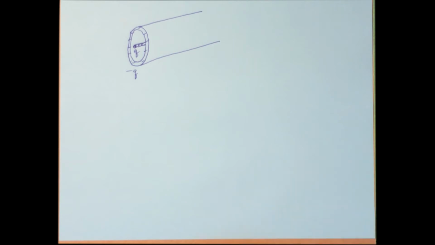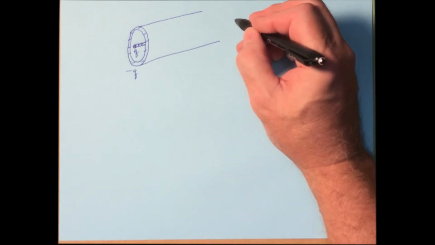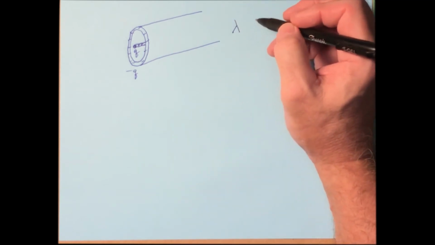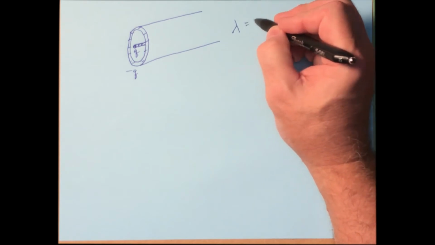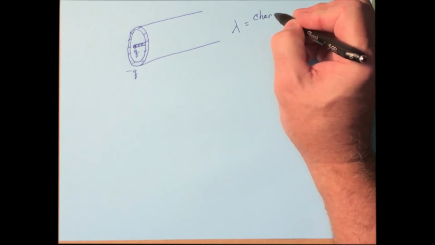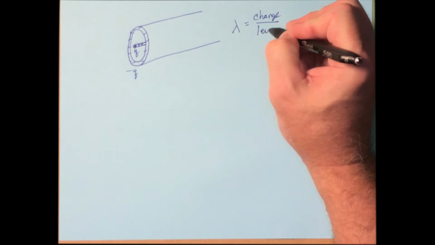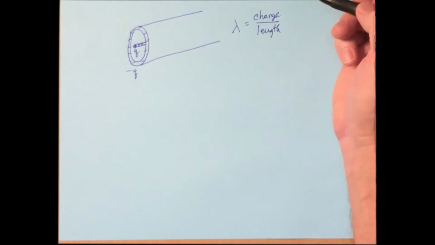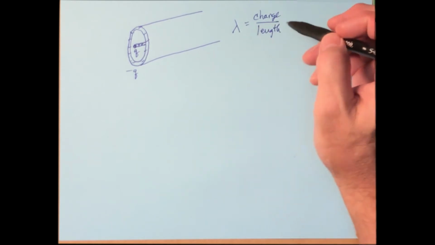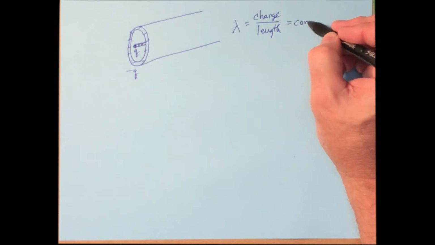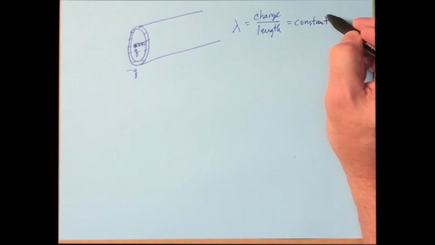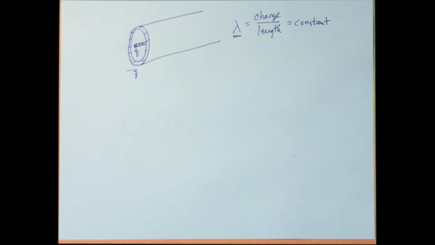Now, there's one other thing that you need to know about this. There is a value for the center conductor of lambda, and remember, it is charge per length. This is a constant, and let's say it is a known value. That means we can use it in our final equations.